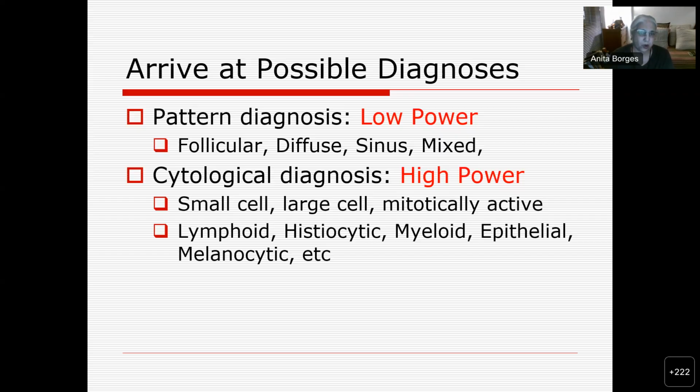The smallness or largeness of a cell in a lymph node should be judged by lymph node criteria. And what is the lymph node criteria? You see a lot of small lymphocytes everywhere. They're ubiquitous. Okay, so that's what you would use as a criterion.